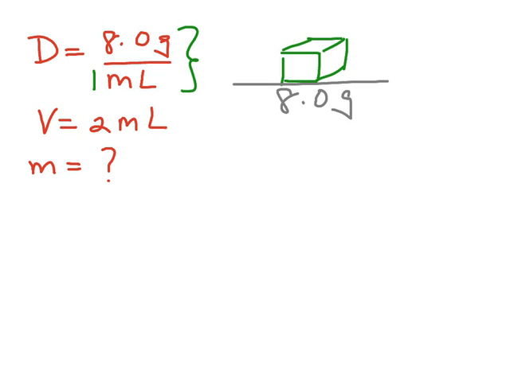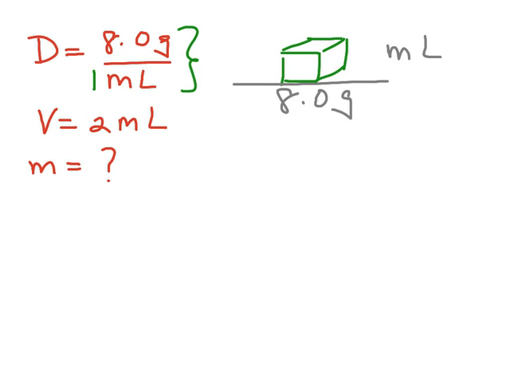That's what a density of 8 grams per mil actually means. In our sample, we are given the volume in milliliters, and we don't have 1 milliliter. If we did, we'd have a mass of 8 grams, and we wouldn't have to do any arithmetic at all.